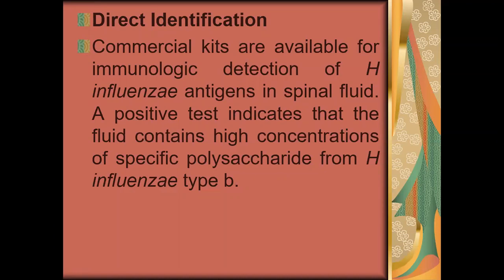If aggregation or clumping is formed, this means a positive result. No clumping is a negative result. This helps in limiting the spread and the faster detection of this bacteria and beginning of treatment.